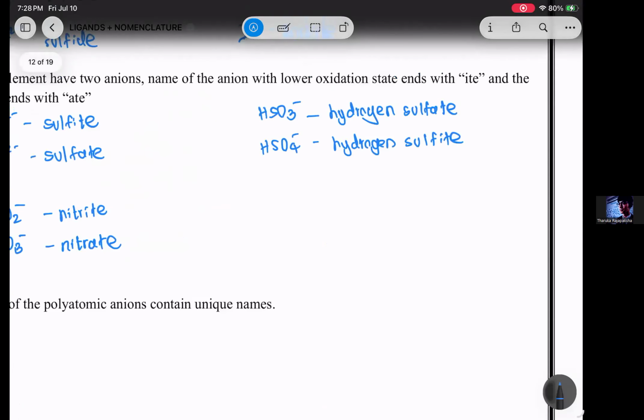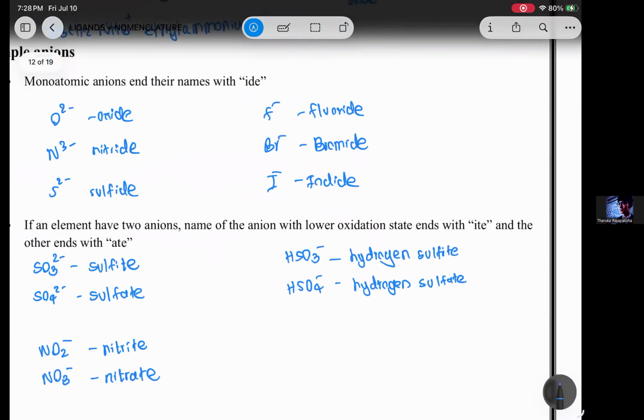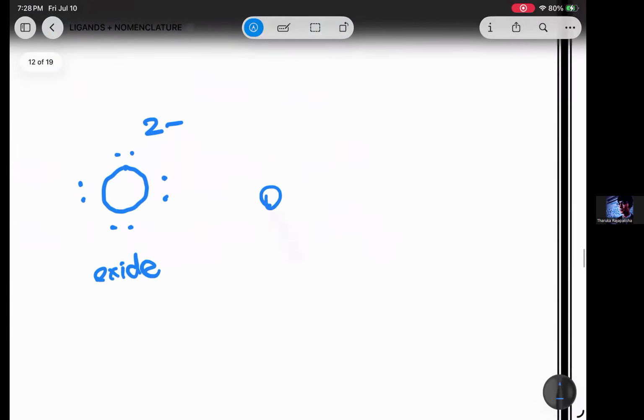Sorry, this is sulfite and sulfate, the other way around. In peroxide, you have O2 2 minus, with 2 oxygens, and both oxygens have negative charges.